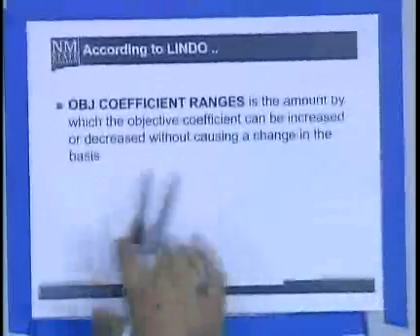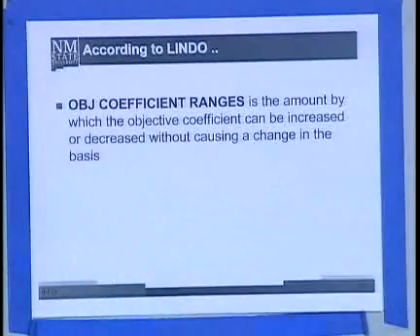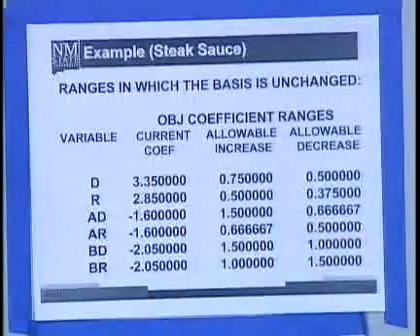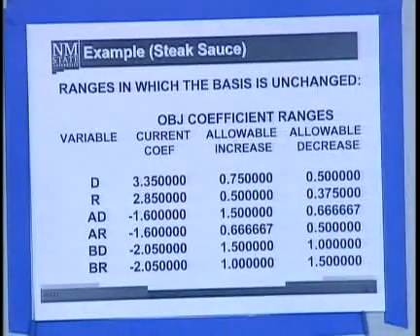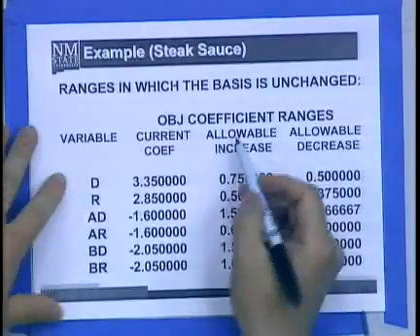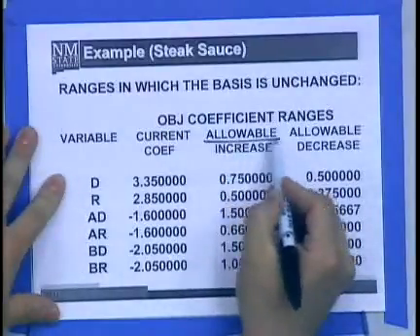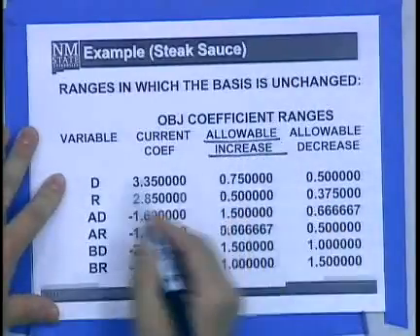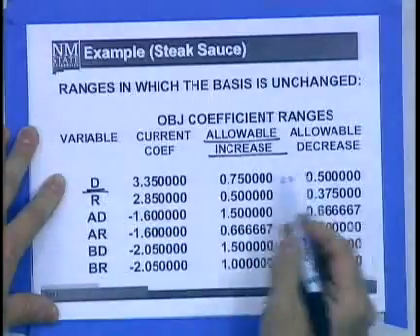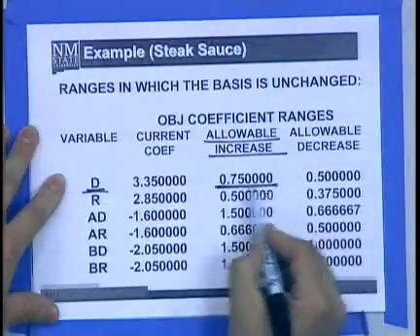So we need to look at the objective coefficient ranges in the optimal solution, right? According to the Lindo output, the allowable increase of D variable is 0.75, right?